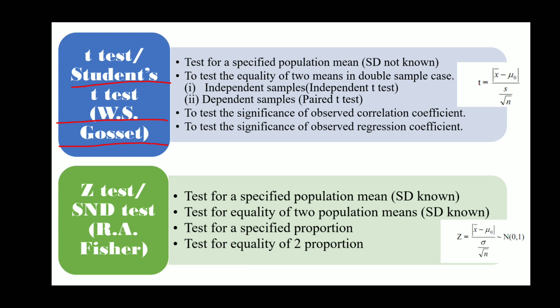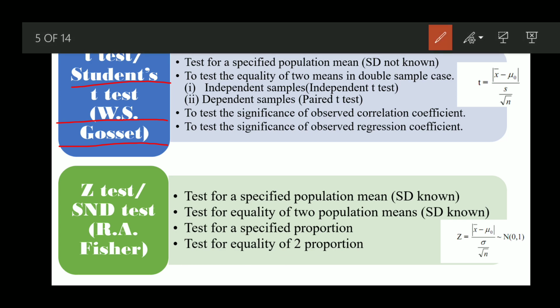Suppose one wants to know whether a particular population mean is 13 or not. But the most important point is, in the case of the t-test we don't know the standard deviation of the population. If you don't know the standard deviation of the population, you are dealing with a small sample, and you have to test a specific population mean, in that case to test that particular null hypothesis, the t-test is best.